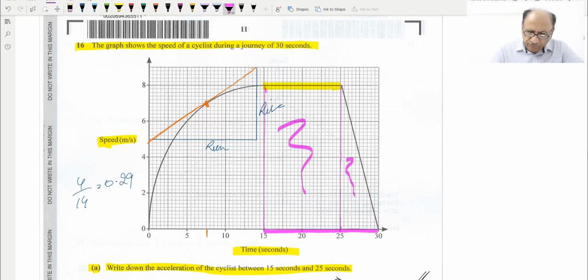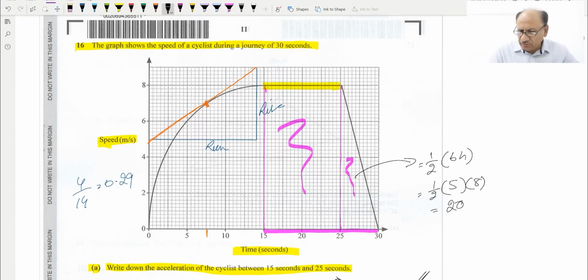So we can find the triangle area. This triangle area will be 1 by 2 into base into height, which is equal to 1 by 2 into base, which will be 25 to 30, which is 5, and height will be 8. So this will be 20. If you calculate this, the area for triangle will be 20.